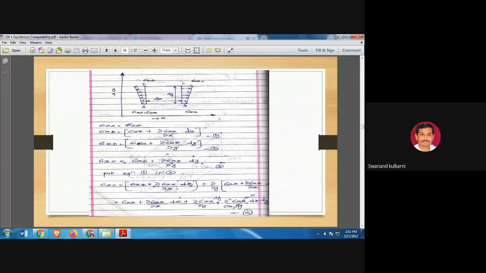Here at this sigma xb, whatever is the equation 1, that is substituted in this equation 3 at this sigma xb also and at this sigma xb also. At both the locations we have substituted sigma xx plus dou sigma xx upon dou x into dx. So this equation 1 is substituted at both these locations in order to get the next equation.